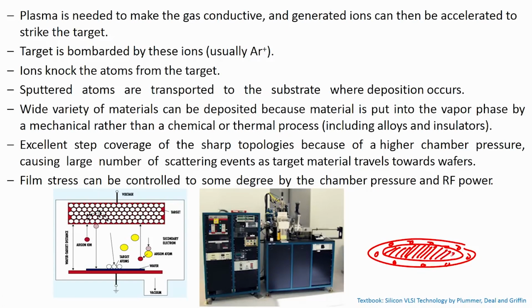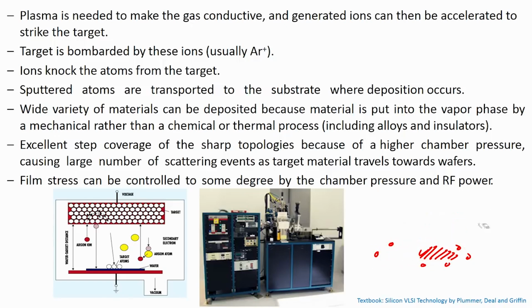Now, when the argon ions are inserted at very high RF voltage or RF power, they will strike this source and dislodge the atoms, which will ultimately get deposited on the wafer that is loaded on the substrate holder, alright.